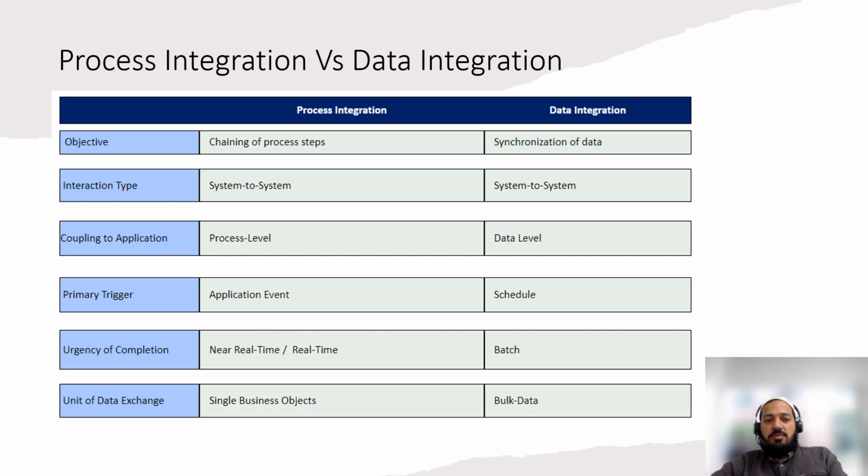It is system to system interaction for both. Coupling for application is process level and data level. The primary trigger for process initiation is an application event. On the other hand, for data integration, it is a scheduler.